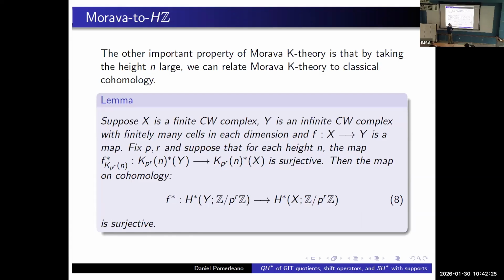If I just use classical Morava K theory, I would be doing things just mod p. I get surjectivity mod p, but I want to get it over the integers. So I do this thickening, and I get surjectivity modulo p to the r for every r, which is equivalent.